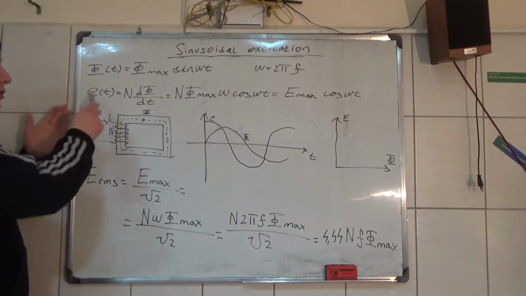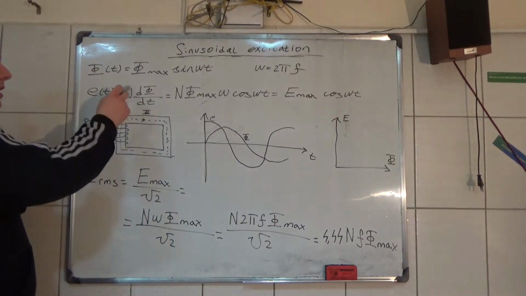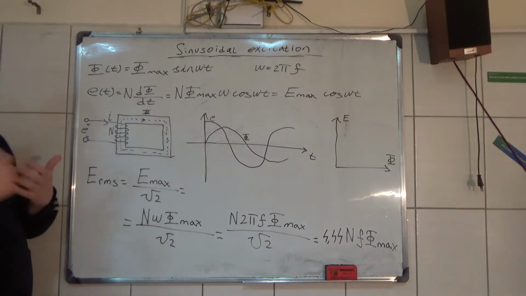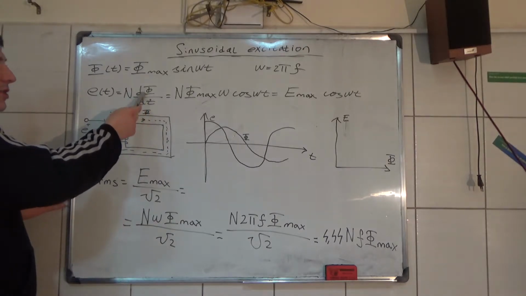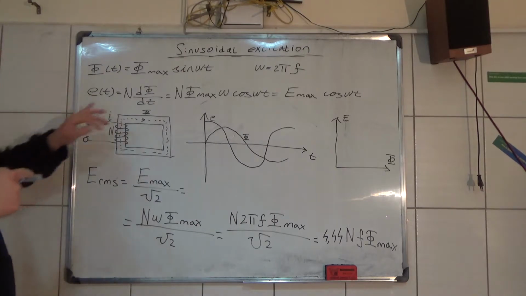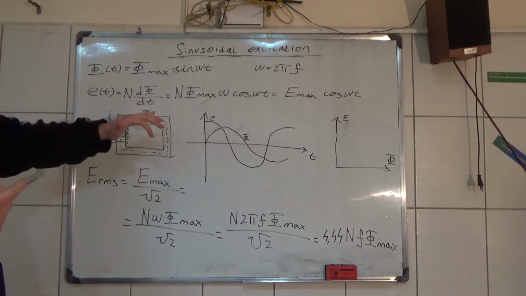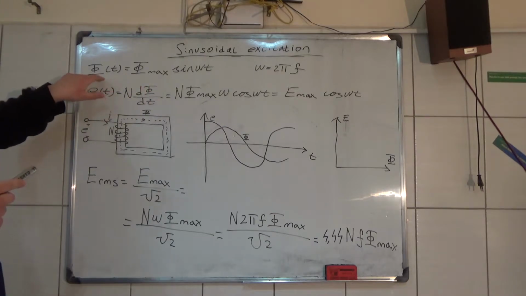Now, the induced EMF by Faraday's law is the number of turns, or the flux linkage, times the change dF by dt. So now we have the derivative of this flux by dt.